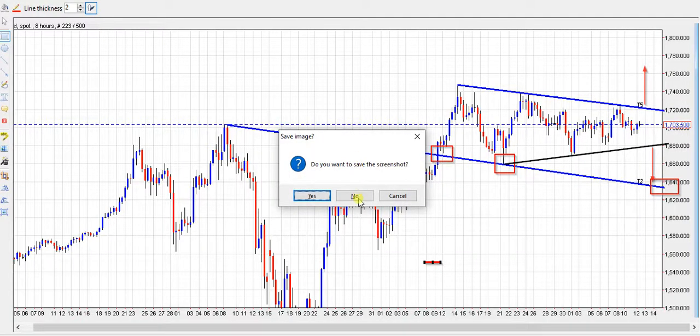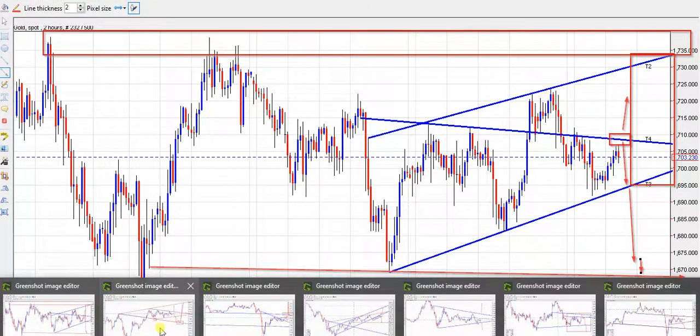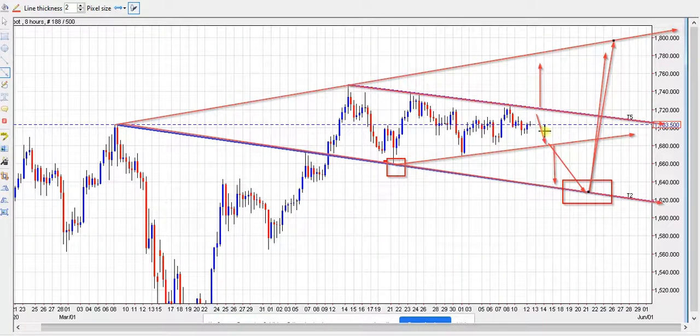I think I did that again. This is the first sequence; the second sequence would be a decent buy, and then we can probably expect a move back towards 1800.